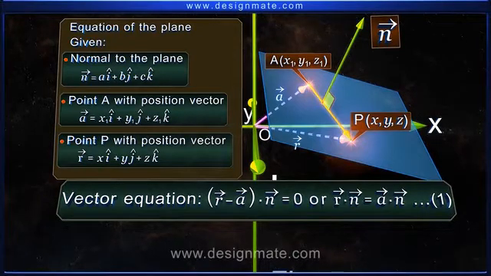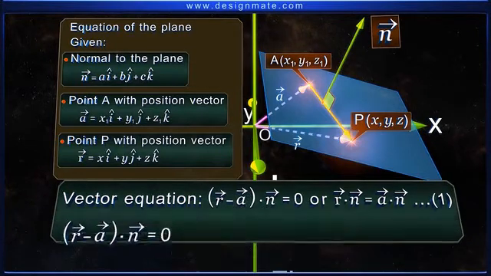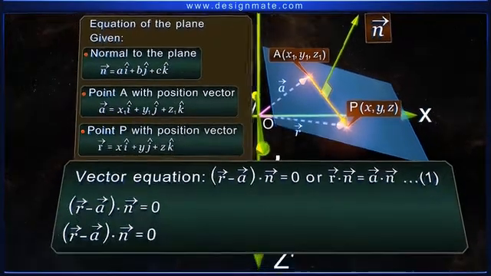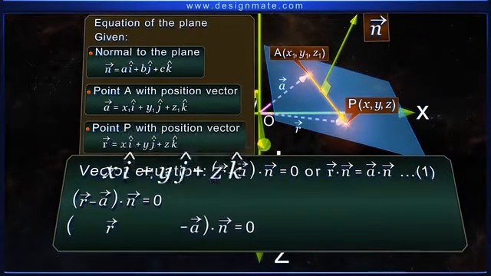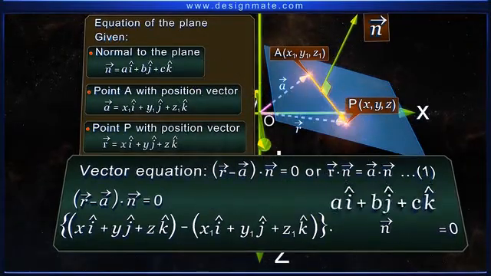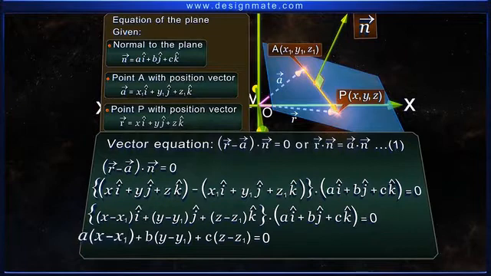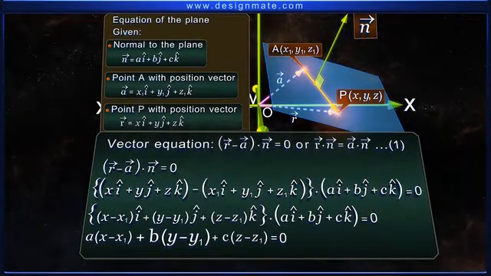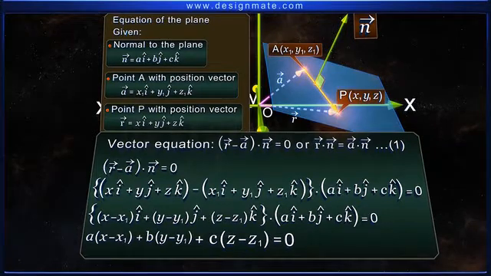Let us find the Cartesian equation of the plane. Dot product of vector r minus vector A and vector n is equal to 0. Substituting for vector r, vector A and vector n and simplifying, we get a times x minus x1 plus b times y minus y1 plus c times z minus z1 is equal to 0.